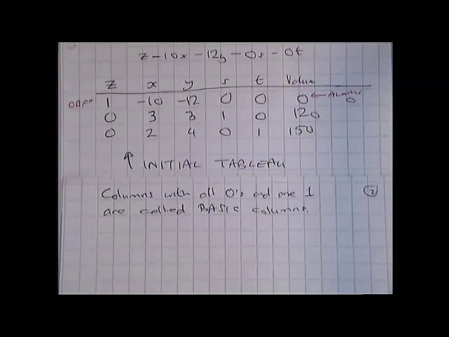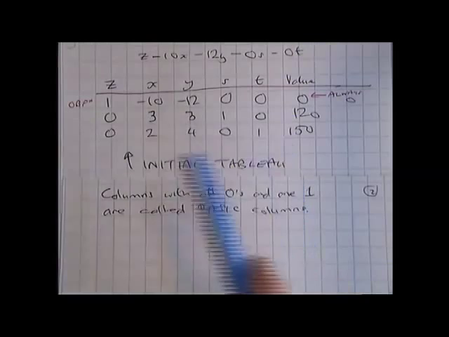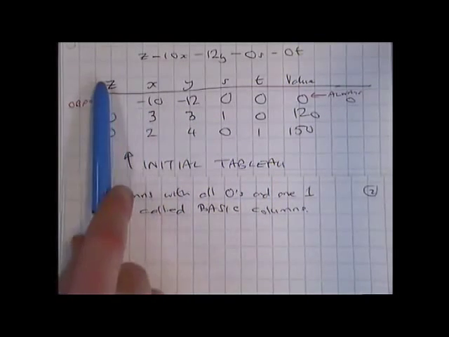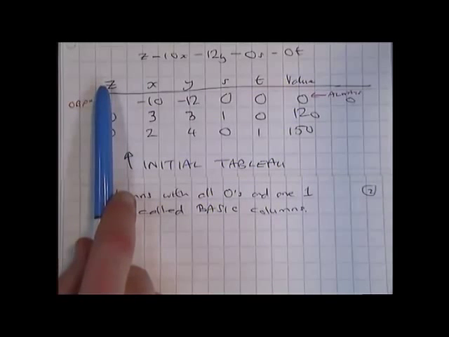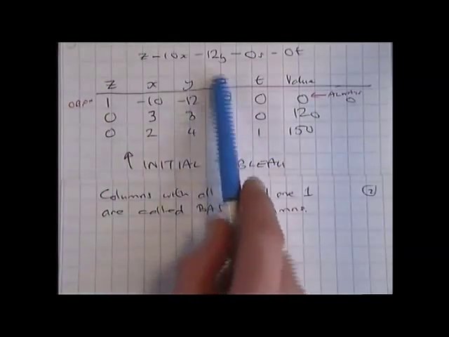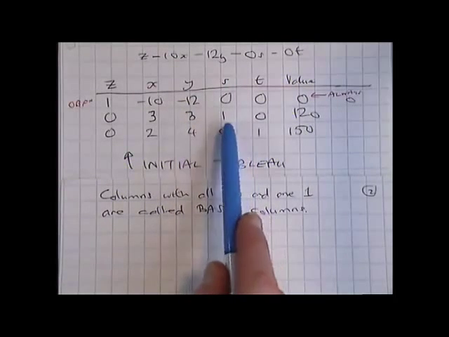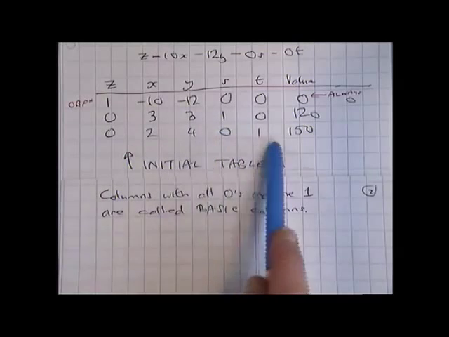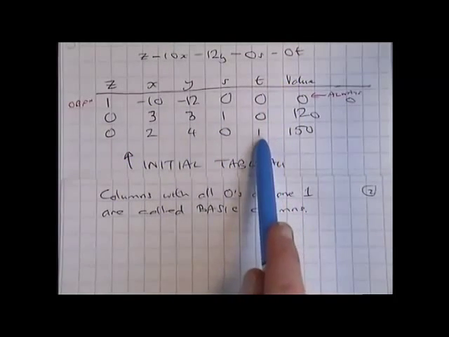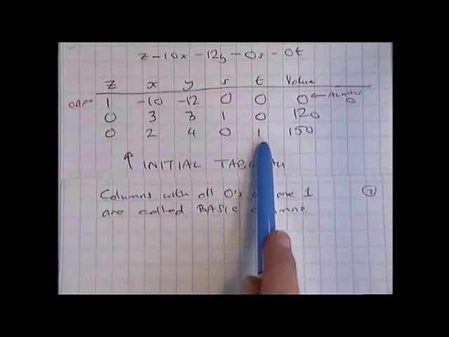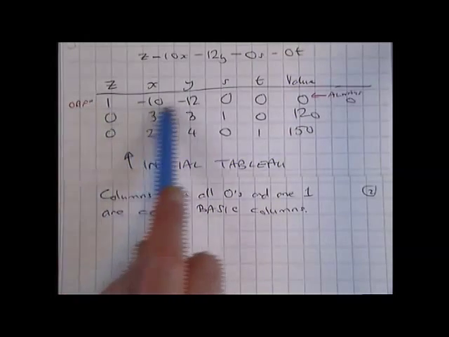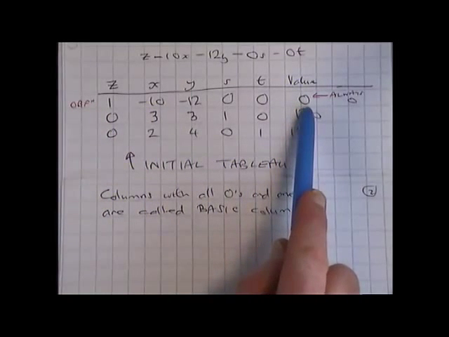So I'll just wait for people to stop writing. You start, well, ignore the Z one for the time being. Where's the first column apart from that one with 0s and 1s in? S. Okay, this one here. That means, at the moment, if we manufacture 1 unit of S, and then there's another column here, and if we manufacture 1 unit of T, our profit, which is what Z is, our profit will be 0, which is always how you actually start.